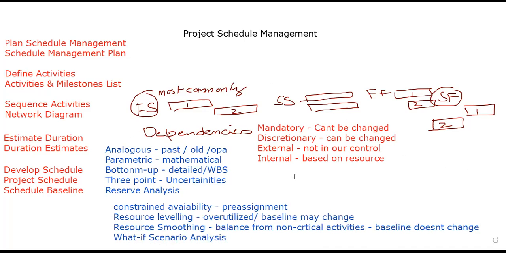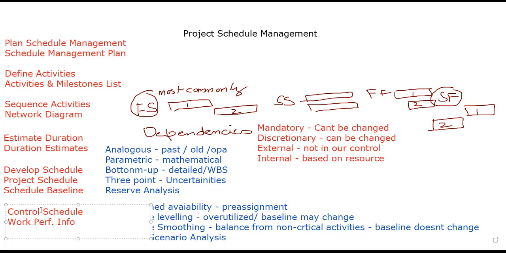Once the schedule is developed and approved, you will be able to monitor and control the schedule. For every control process, our output is always the same, which is work performance information.